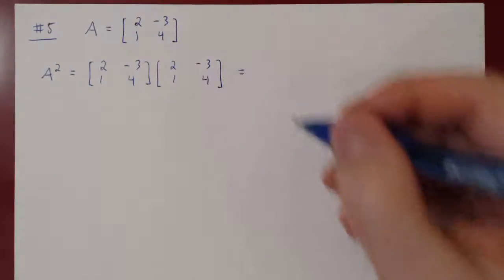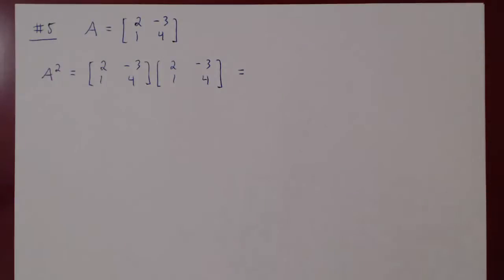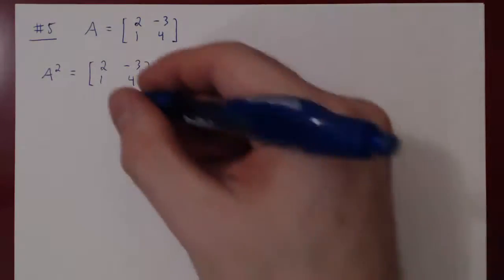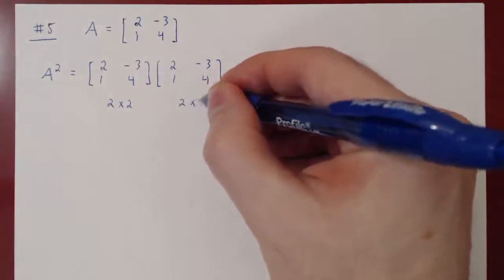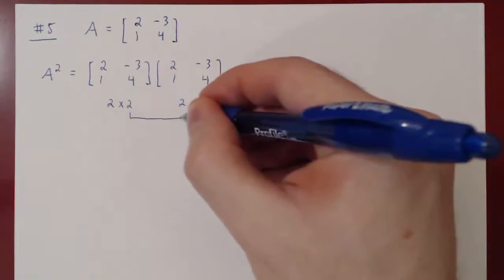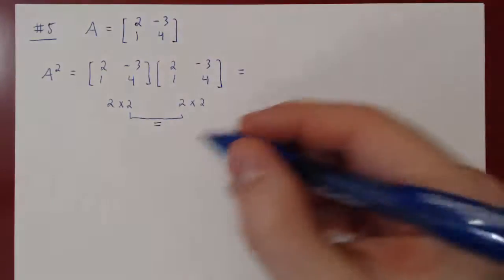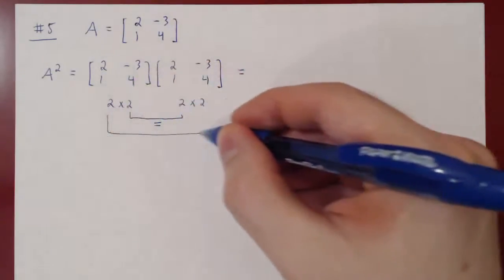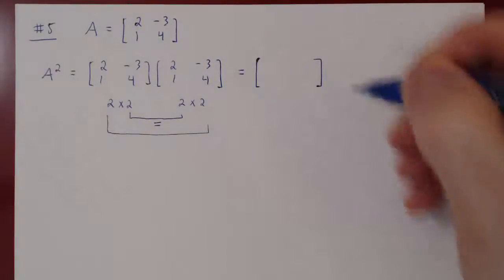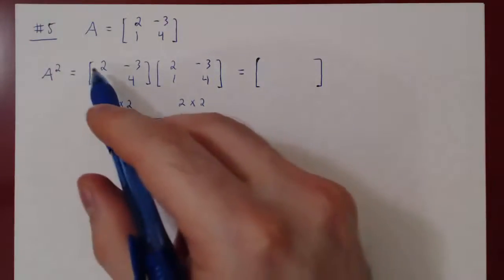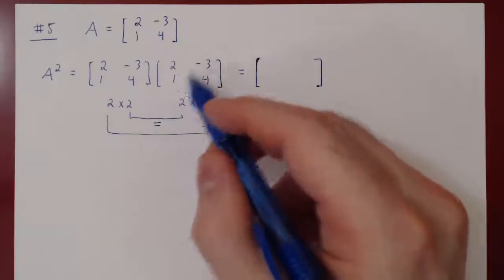And as we just saw, if you multiply a square matrix with itself, the size does not change, right? This is a 2 by 2 matrix, this is a 2 by 2, 2 equals 2. So we can multiply, and the result is a 2 by 2 matrix also. As always, we fix a row of our first matrix and go through the columns.